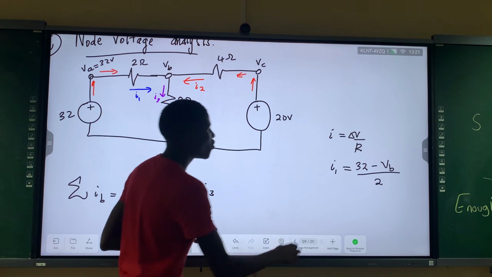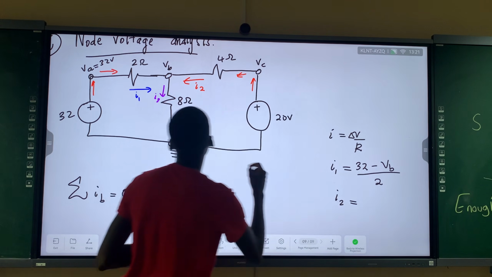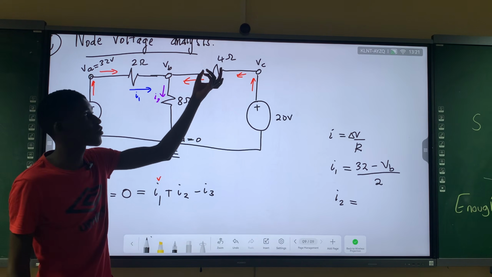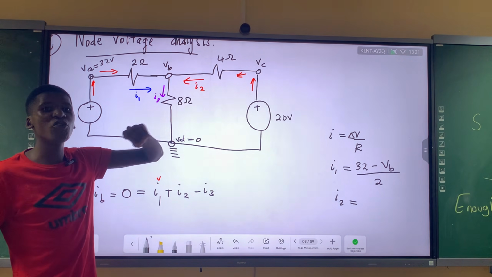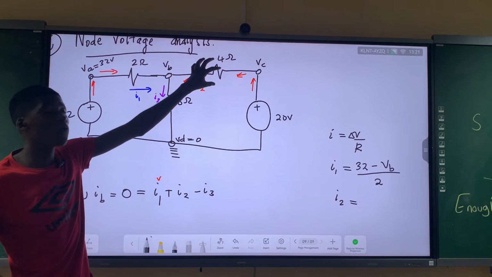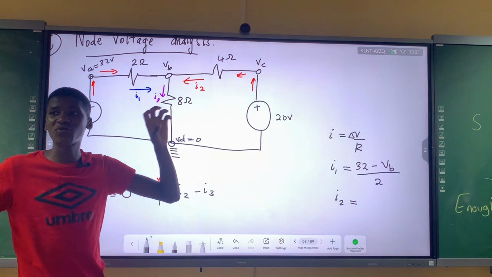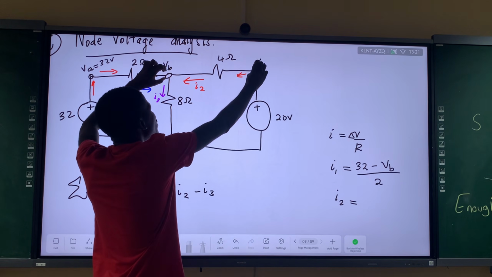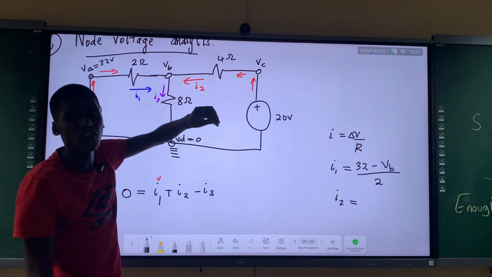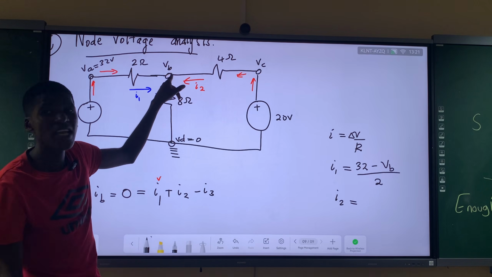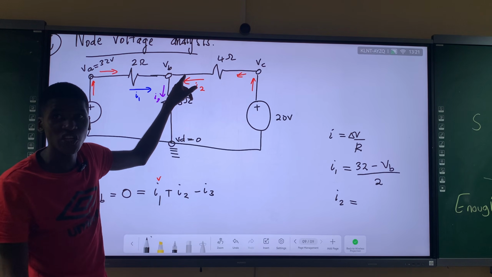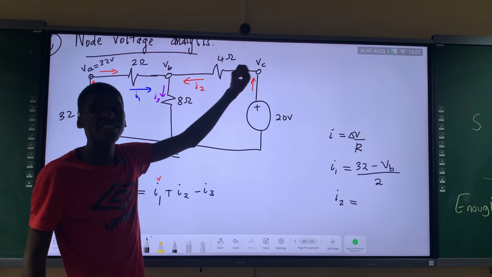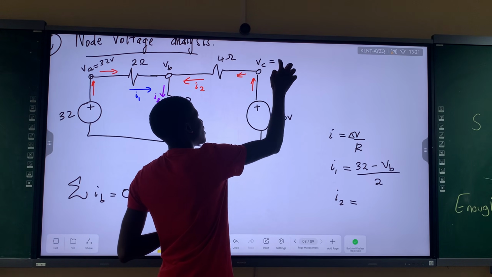Current I2, we see current I2 alone is passing through the 4 ohms resistor. So you look on either side of the 4 ohms resistor, we see its terminals and how much potential they have. This 4 ohms resistor is between 2 terminals, which is terminal C or node C and node B. The potential on node C, what is it going to be? 20 volts.